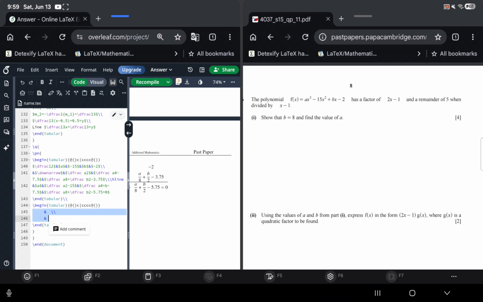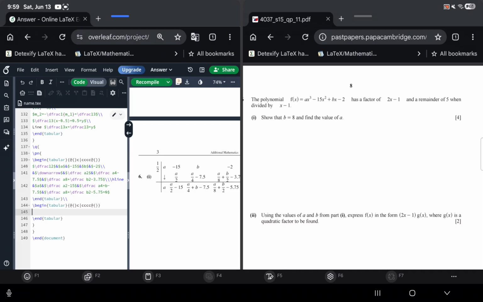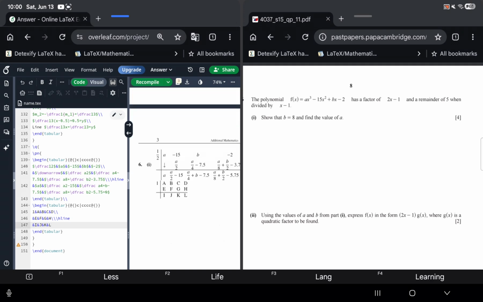Oh god. Okay, nice. So there are so many sections. 1 and A, B, C, D, E, F, G, H, I, J, K, L. I'm lazy. So what would A be? A will be A, obviously. The first row will be the same.